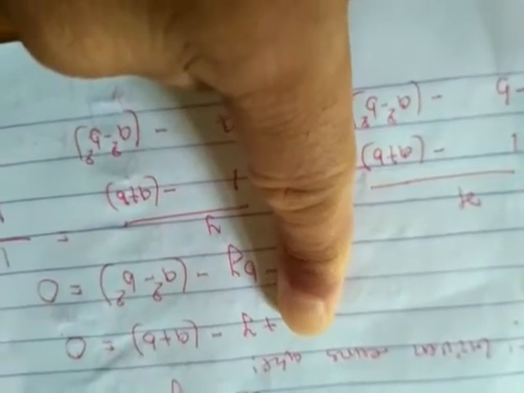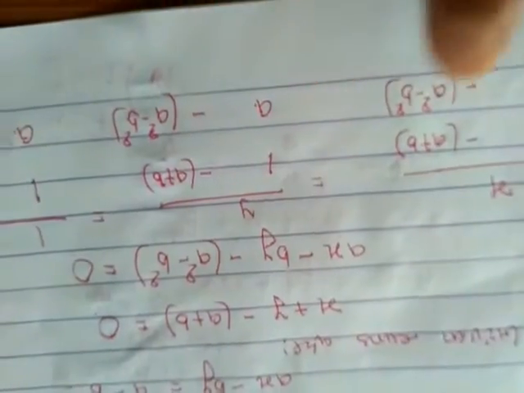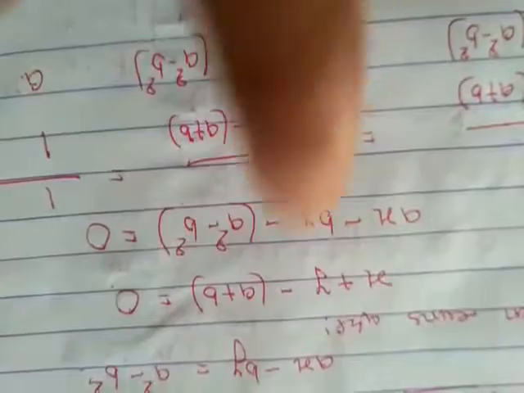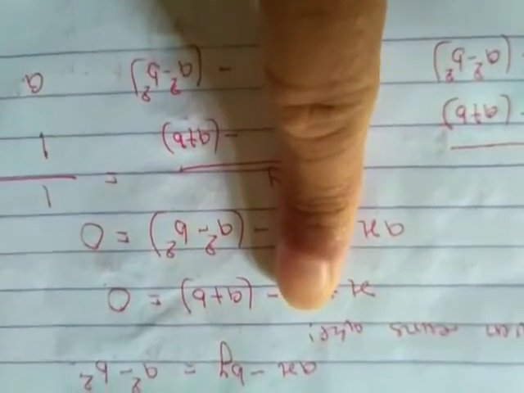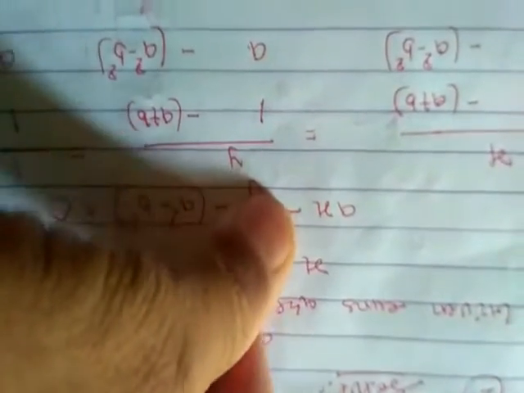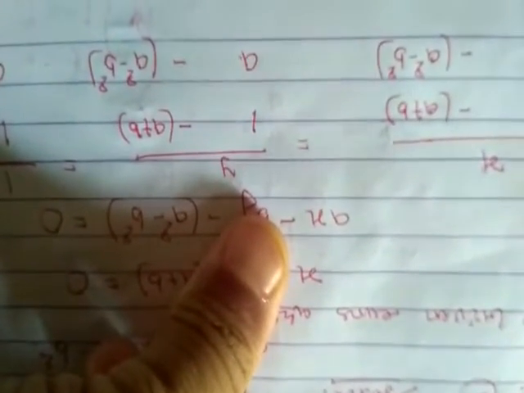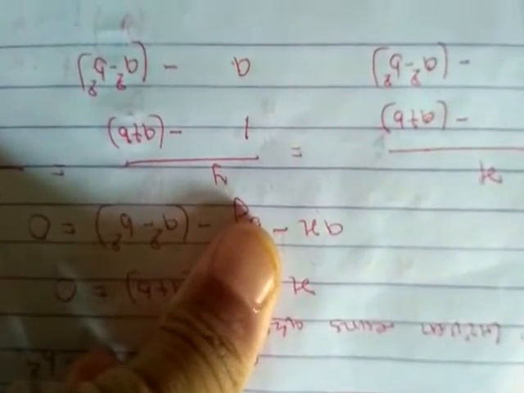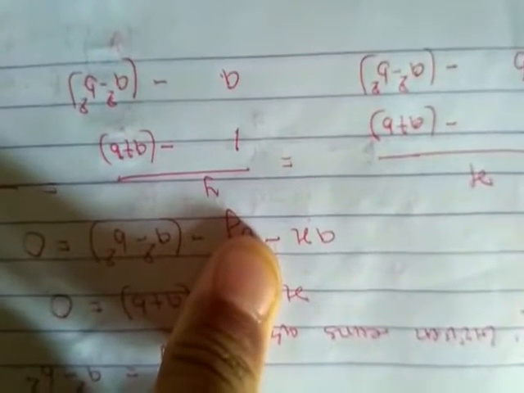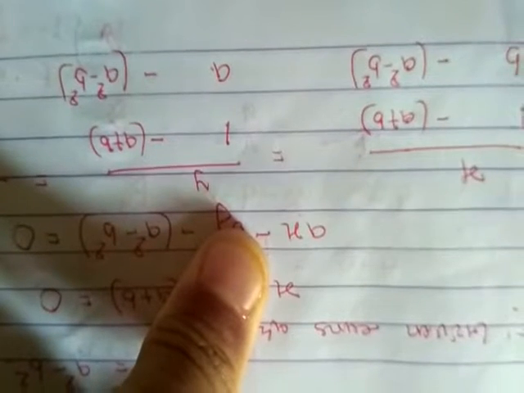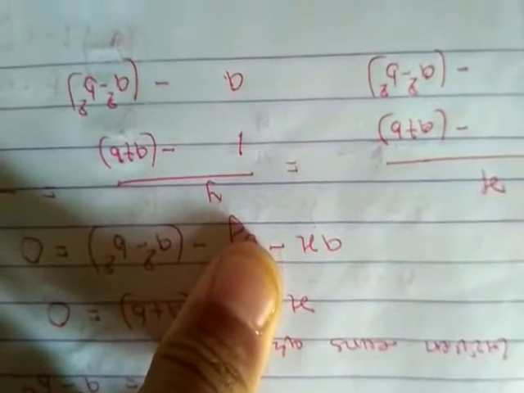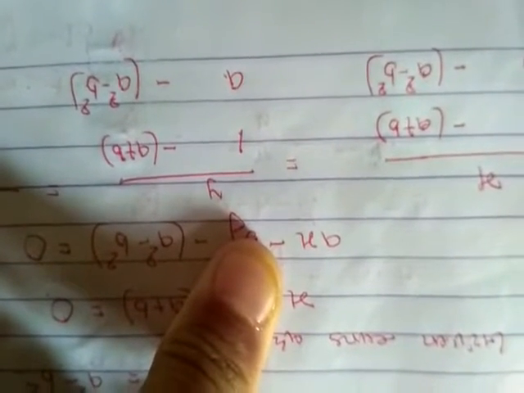For the y terms, hide the y terms from both equations. Then the coefficient of x from the first equation is 1 and the constant term is minus (a plus b). From the second equation, the coefficient of x is a and the constant term is minus (a square minus b square).